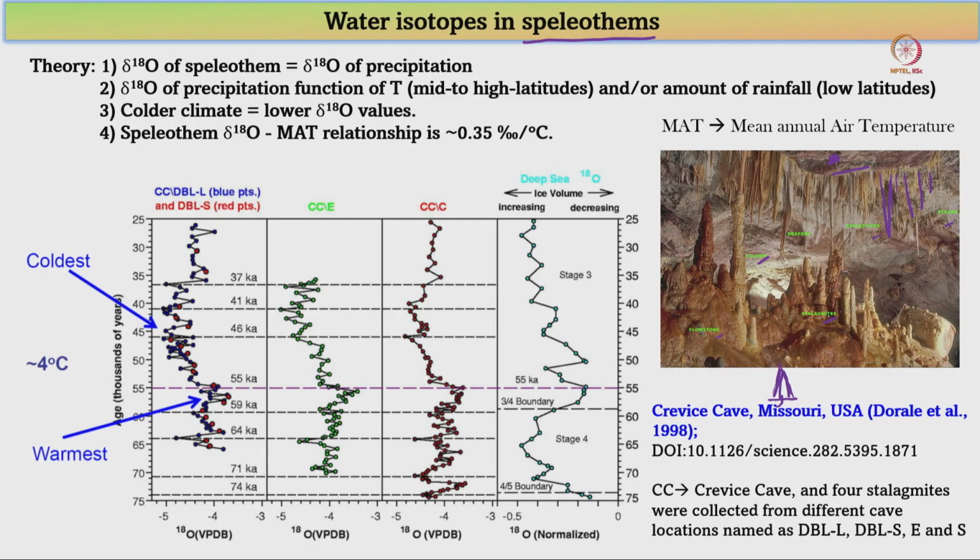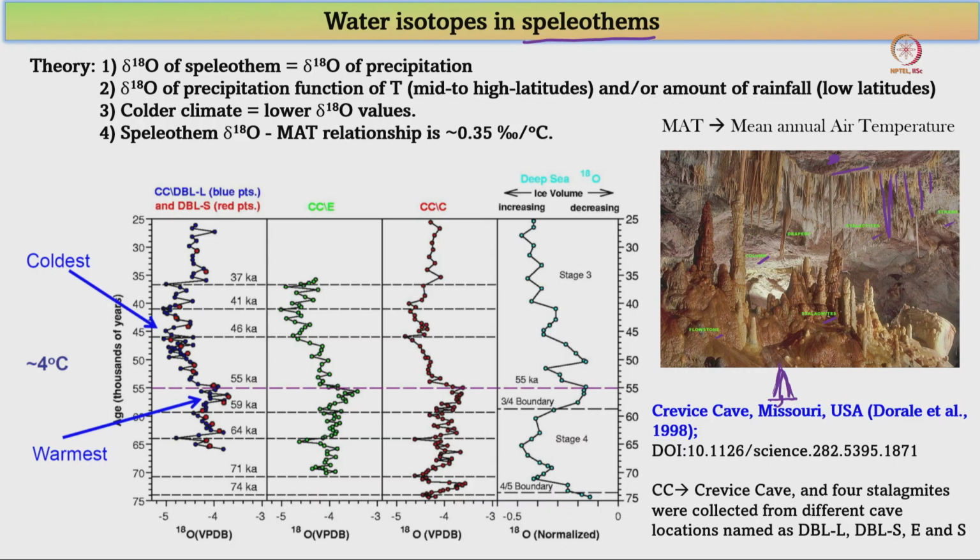So, these stalactites and stalagmites are often used to refer back to the delta 18O of the precipitation. Why? Because when these carbonates are forming, precipitation, just like condensation, is considered an equilibrium process, that is, it is happening in equilibrium with the water.